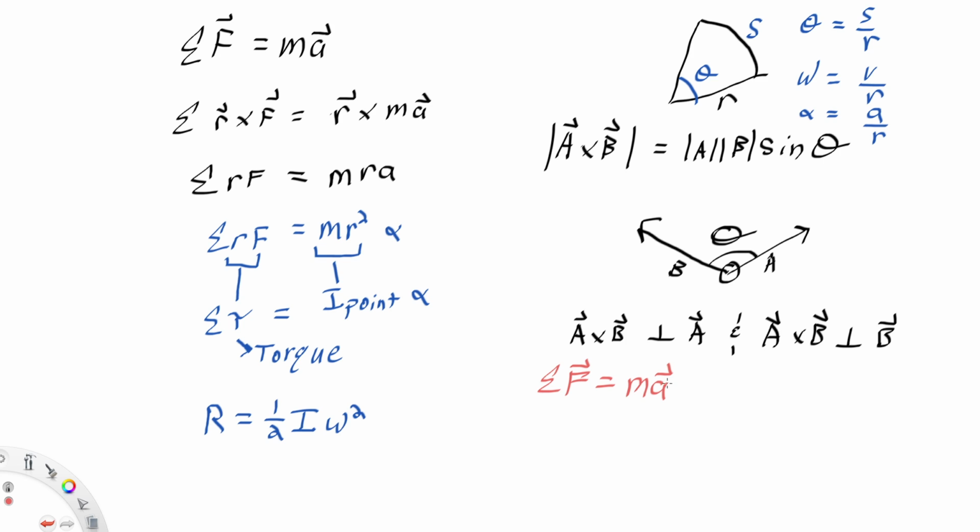We realized that acceleration is the change in velocity over time, so we have dv/dt. Since m in most cases is a constant, we have no trouble bringing it inside the derivative. So it's the derivative of mv with respect to time.